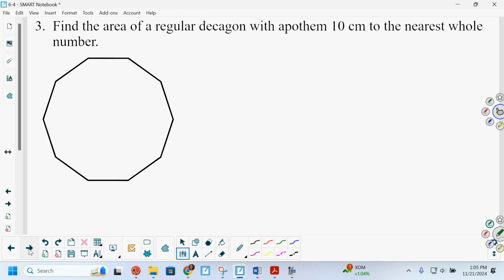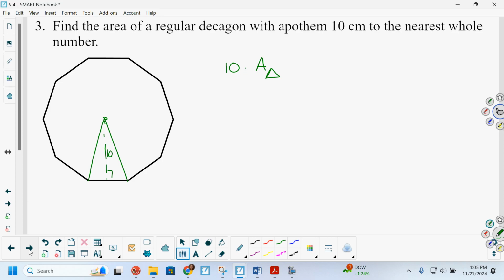Find the area of a regular decagon with an apothem of 10 centimeters. All right, so here's my center. Draw in your triangle. At this point, we know there's going to be 10 triangles. Okay, the apothem is 10, not the radius, the apothem. So that's the altitude of this triangle. So that means I have the height of this triangle.